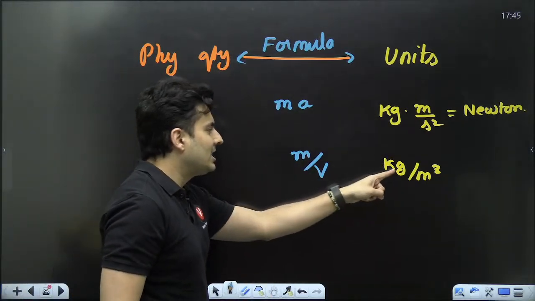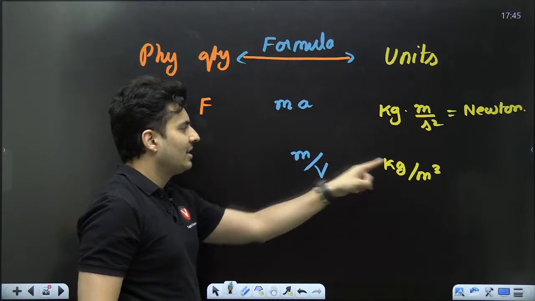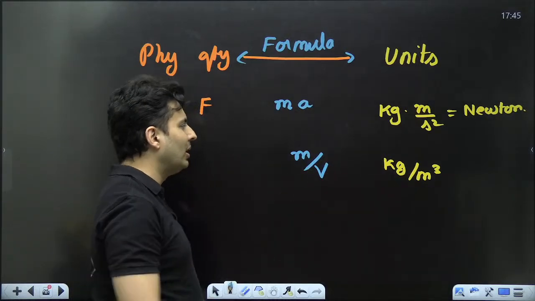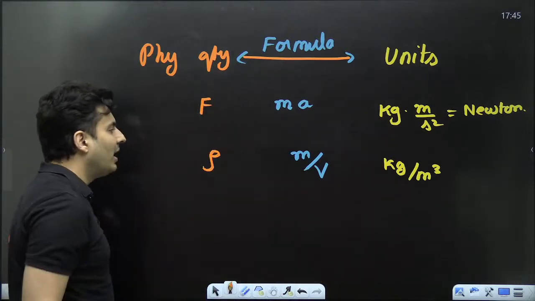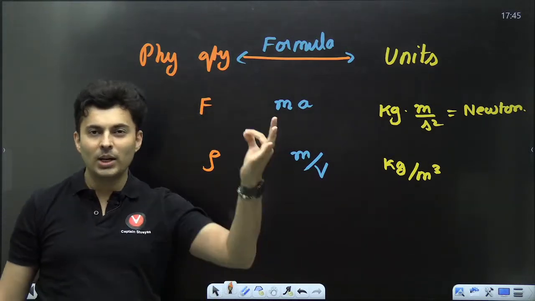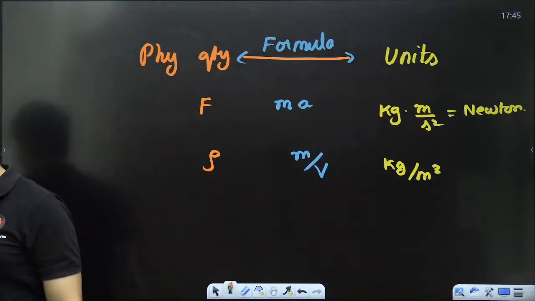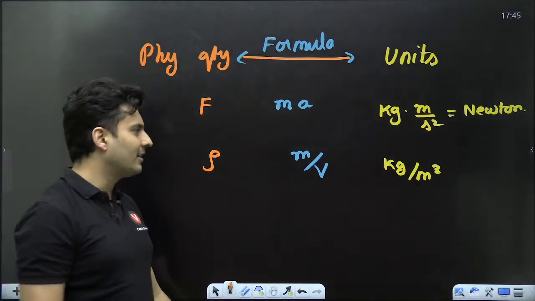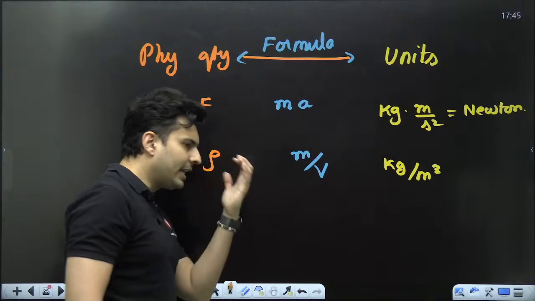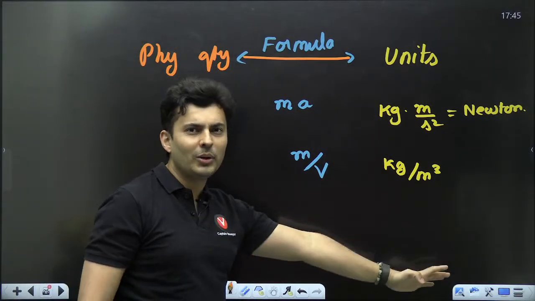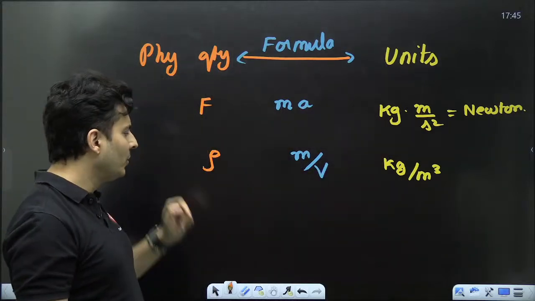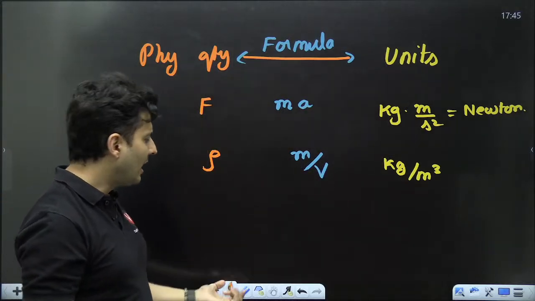Kg is the unit of mass, meter cube is the unit of volume, so mass per unit volume will be nothing but, my dear warriors, density. Great, keep it up. Similarly, I can tell you so many more quantities. From the quantity you can go to the unit, and from the unit you can go to the quantity as well.